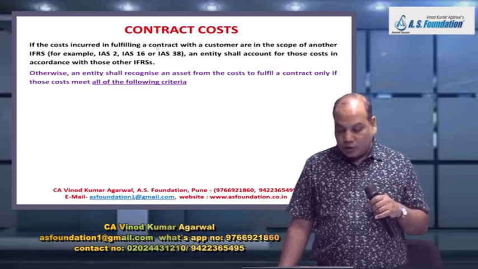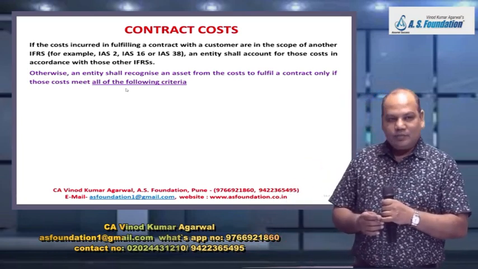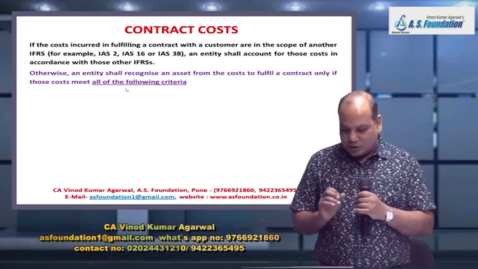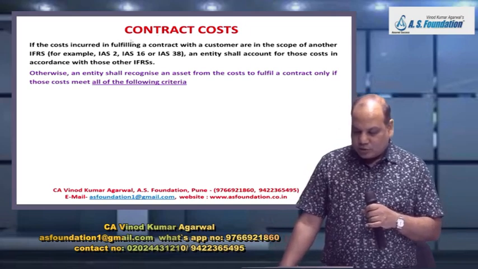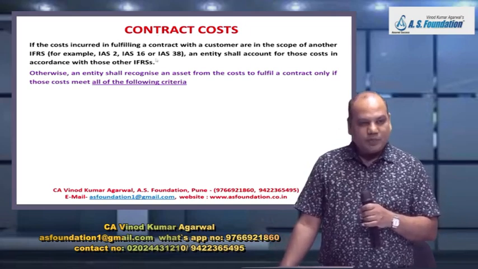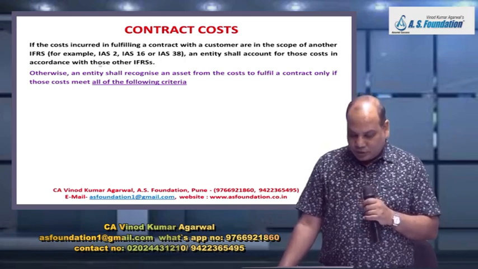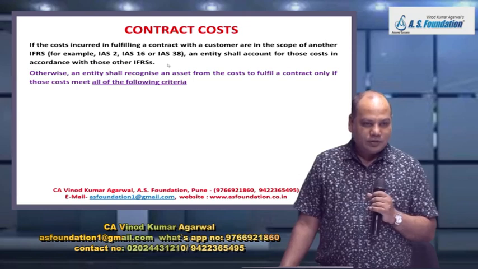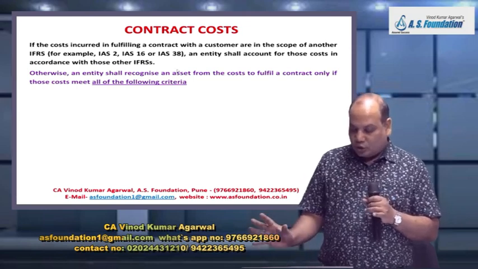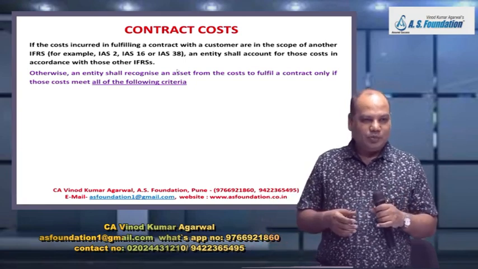But in case you are involved in an asset which will take longer term, 3 years, 4 years, then in that case we will not transfer it to P&L account immediately. First of all, we will see, does this contract cost result in creation of a separate asset which will be covered by another standard? If the answer is yes, then those assets will be capitalized and treated under other standards. Like for example, in order to construct a building, you may buy a machine, a bulldozer.